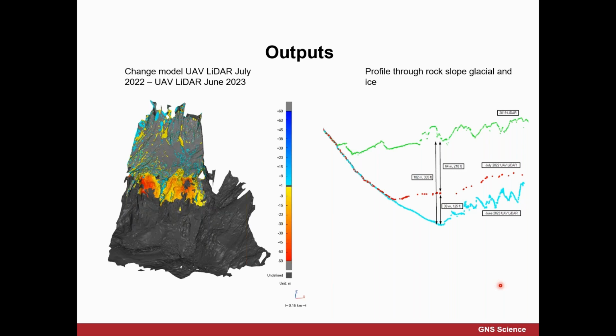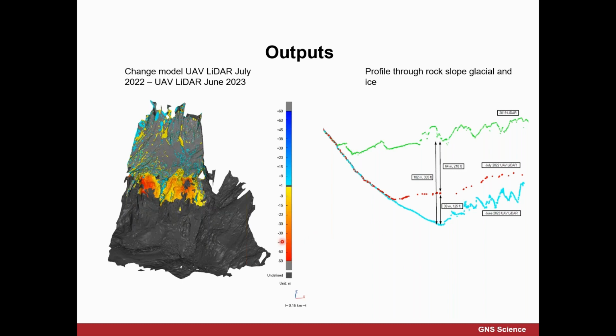This is a change model just done on one orientation, looking directly into the cliff. So it's really trying to detect that change into the cliff, which we can see is around 60 meters at its worst.